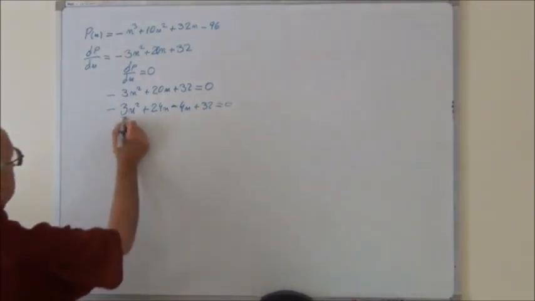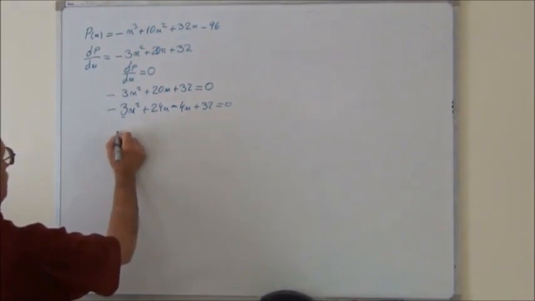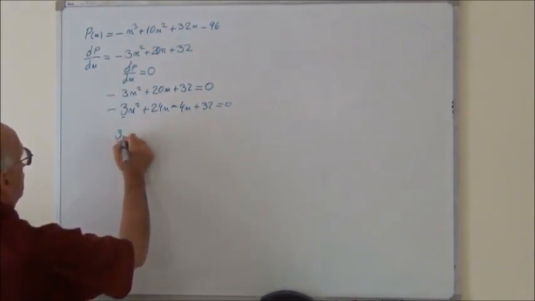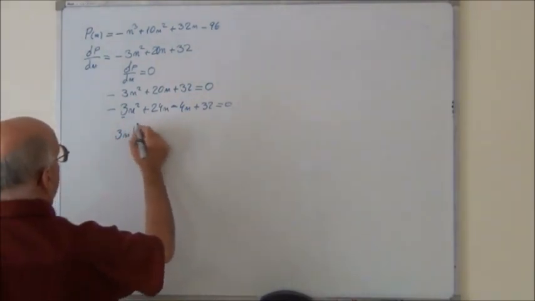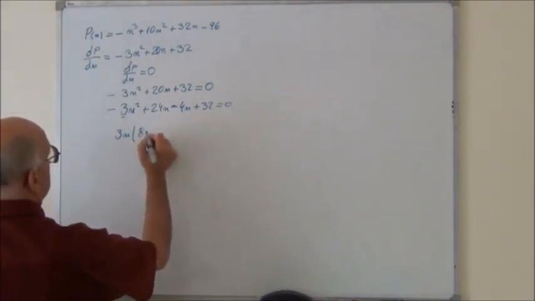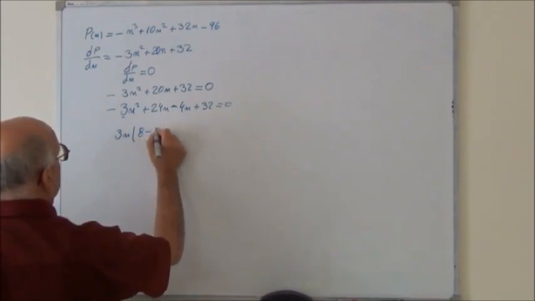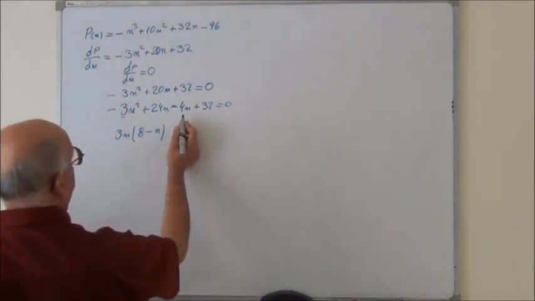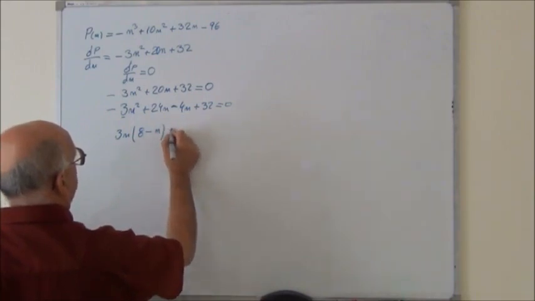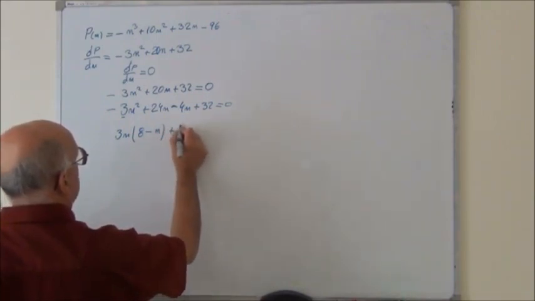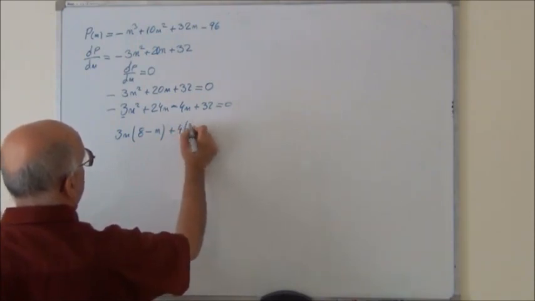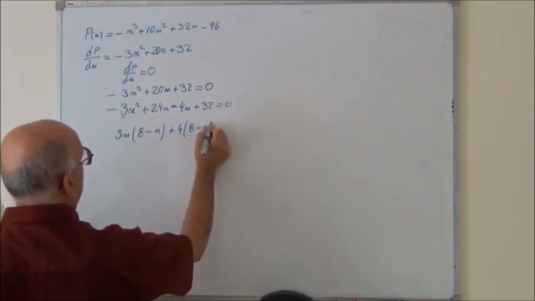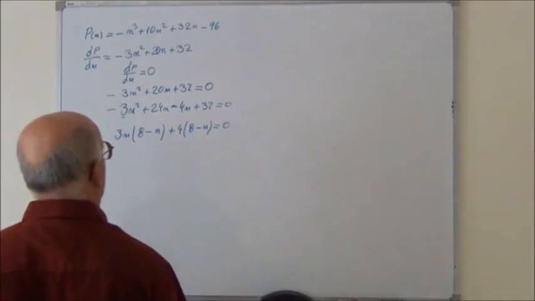To factorize this, we can take a common factor of 3 and then here we have 8 minus n, and from here we can take a common factor of 4, plus 4, and we will have 8 minus n equal to 0.